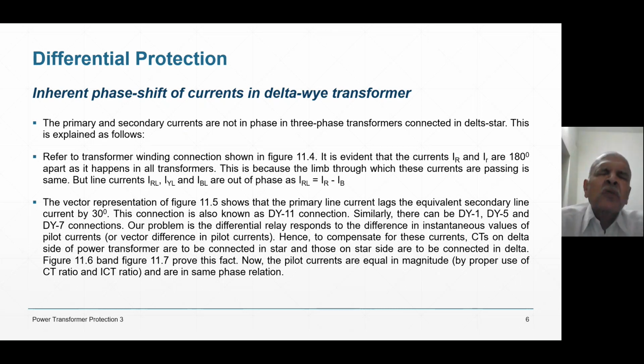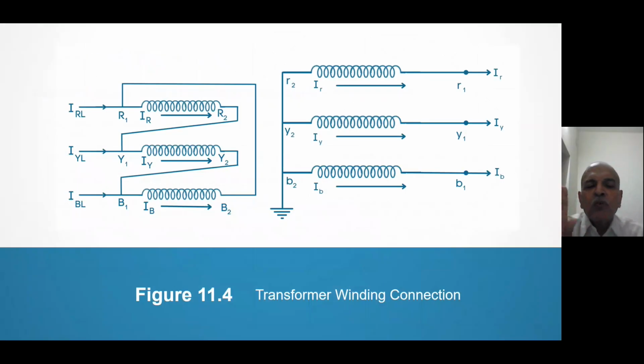By using proper CT ratios, high voltage CT ratios and proper ICT, you have brought pilot currents equal magnitude wise, but phase wise they are yet 30 degree apart, and I1 minus I2 exists, and that can lead to an operating tendency. Here, you cannot do anything in the relay, right? You cannot do anything in the relay. What you can do is this.